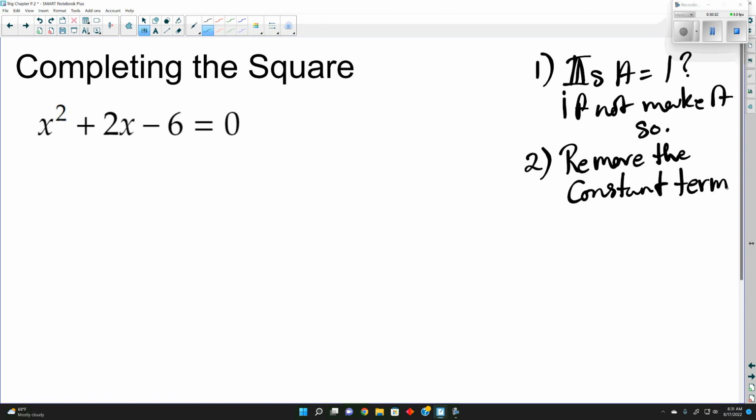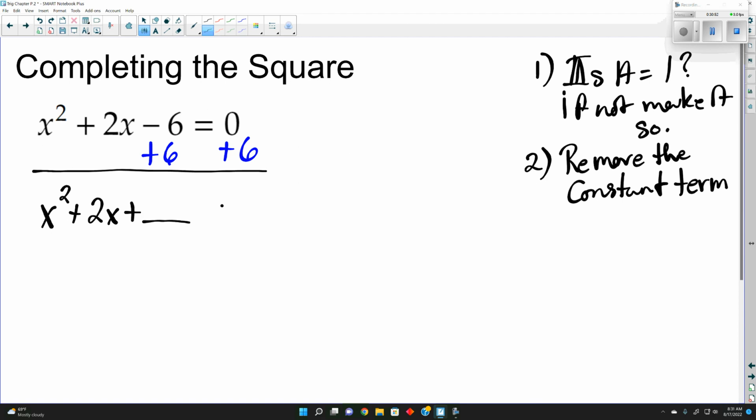But in this case, we can move it to the other side, and we can move the constant term to the other side in most of them. Because what that leaves us with is x squared plus 2x plus blank equals 6 plus blank. Okay, I got ahead of myself. This is the step I was thinking of, as we're just removing the constant term.